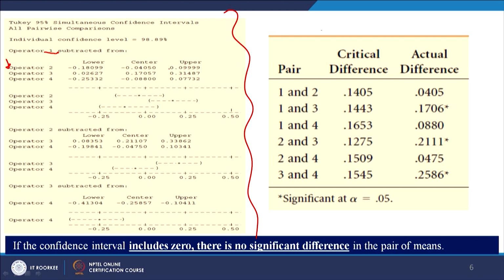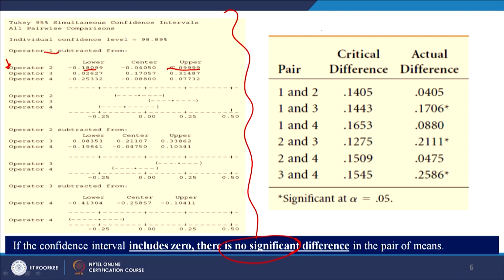If you look at the lower limit and upper limit, if the confidence interval includes 0, there is no significant difference between those two groups.